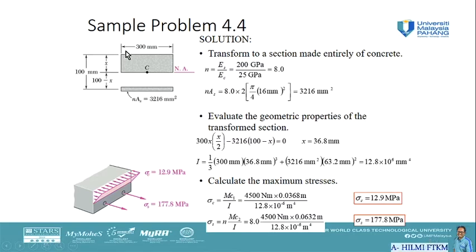So 300, the width, times x, the height of the concrete part at the upper part of the neutral axis x, times half of the distance to the centroid of the concrete to the neutral axis, x over 2, times the area, which is 36, minus the transformed cross section of the steel rod 3216 times 100 minus x equal to 0.